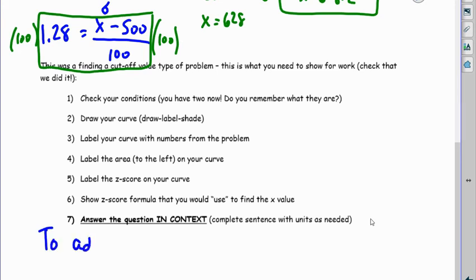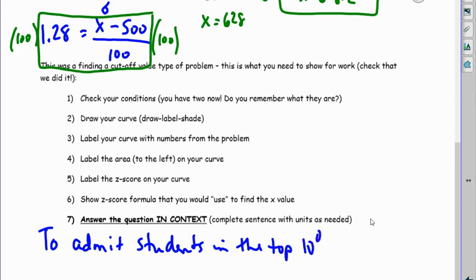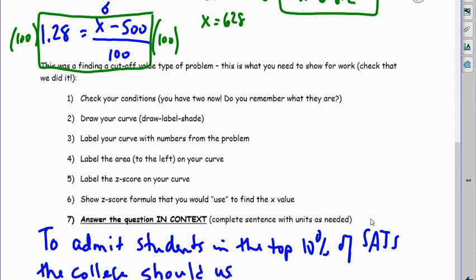To admit students in the top 10% of SATs, the college should use scores greater than 628.2 approximately.